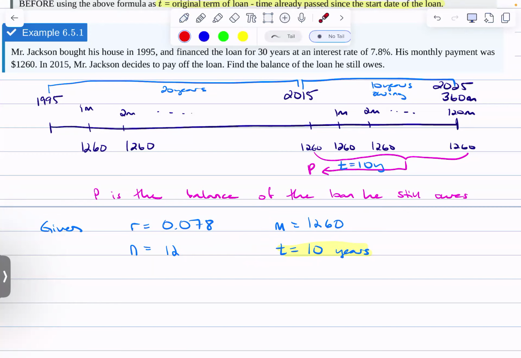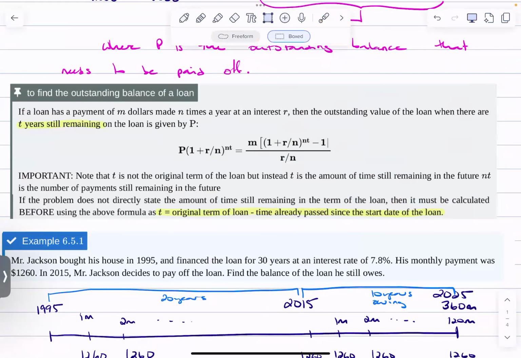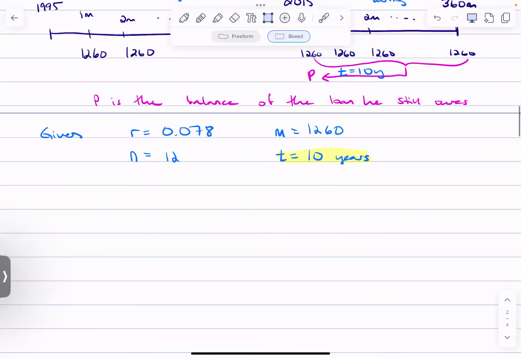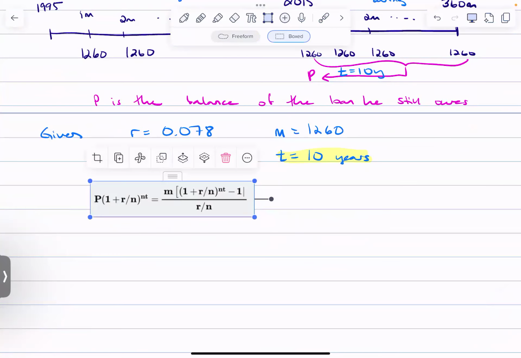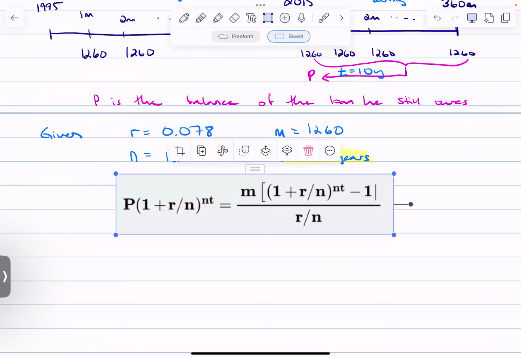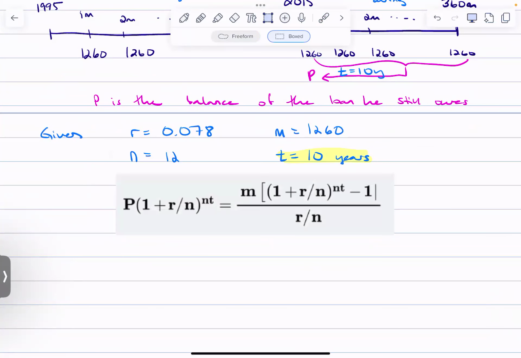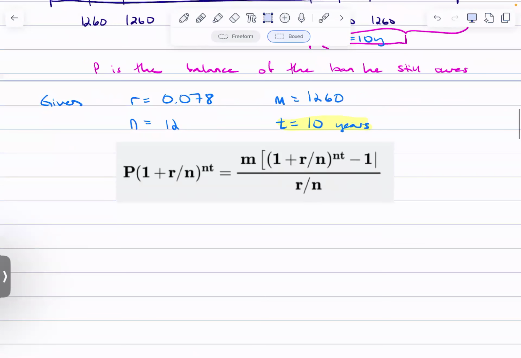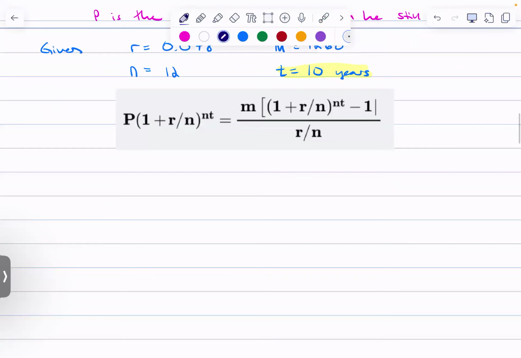If you're solving for P with regular payments, then we have to use this big formula, which is on your formula sheet, but I'll just grab it from here. So I want to solve for P. And it looks like I have all of these other components, so we're going to plug them in.